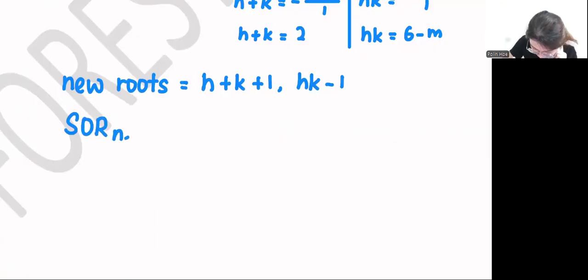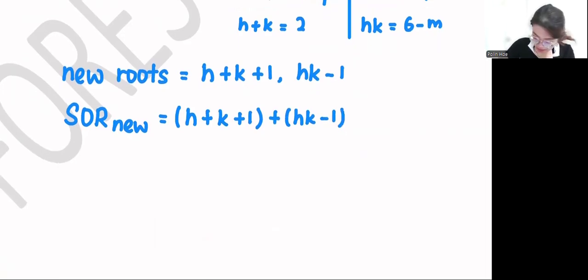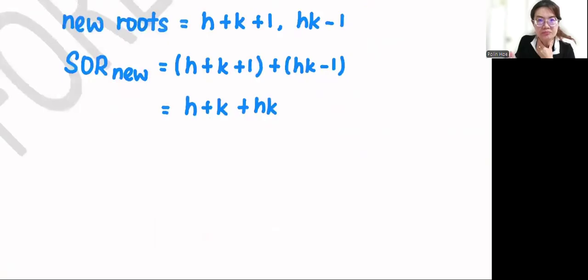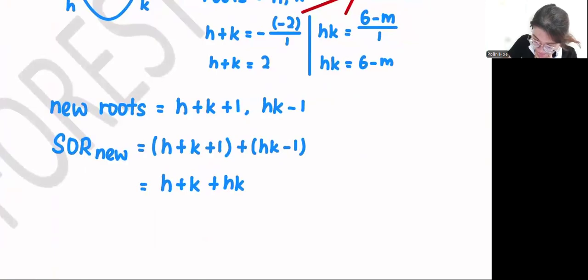SOR new. 我们是这样写的哈 new roots 啊 equals to, please put bracket, H plus K plus 1 plus H, K minus 1. When you open up the bracket, what you get? You get H plus K plus HK. 在这一边 H plus K is equals to 2.